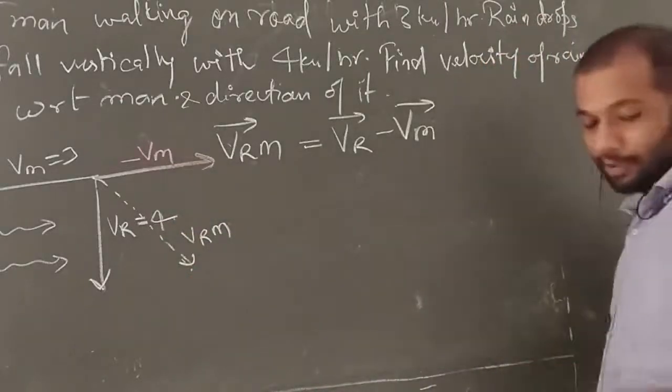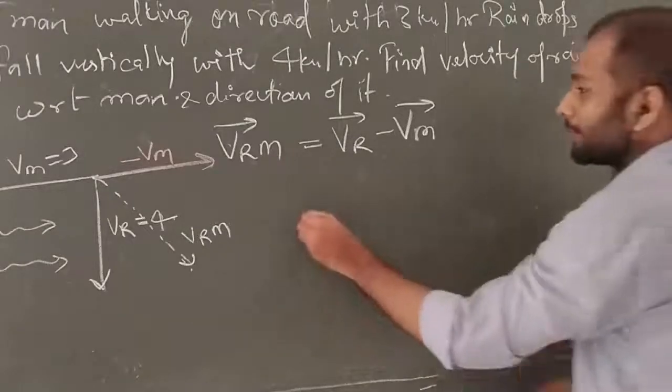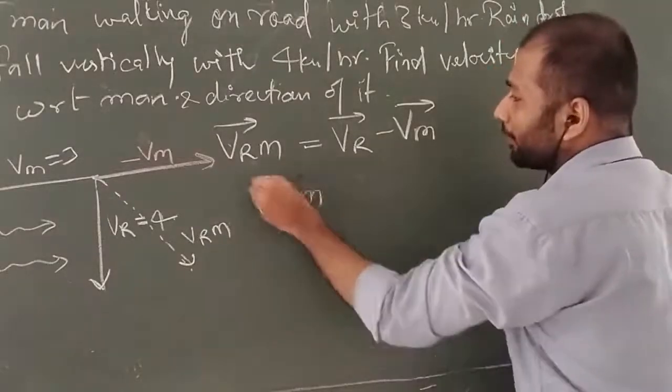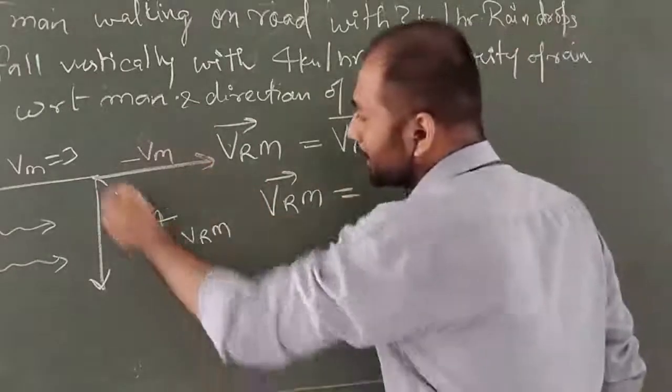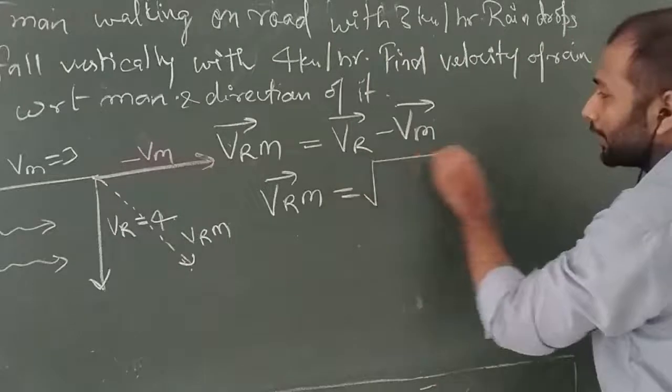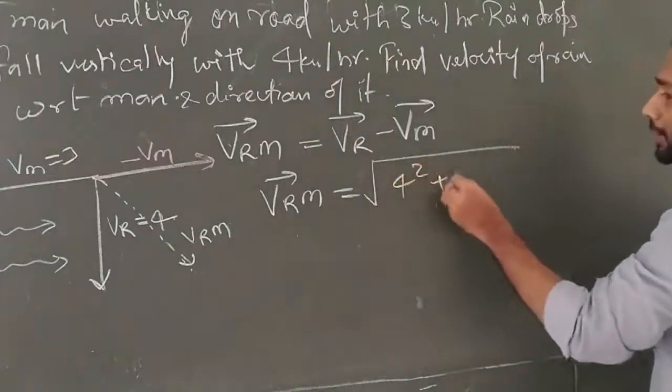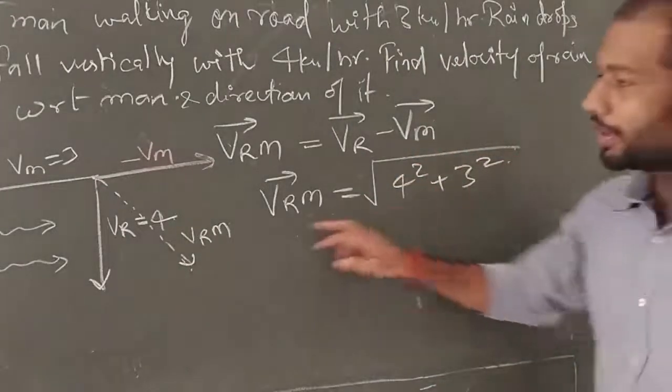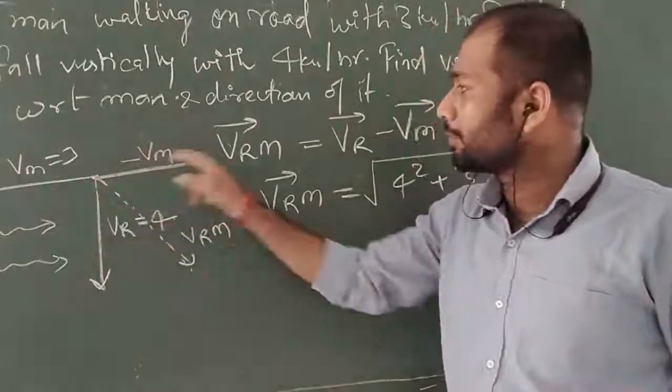So we can write the resultant as Vrm, which is the square root of 4 squared plus 3 squared. This is Vr and this is Vm.